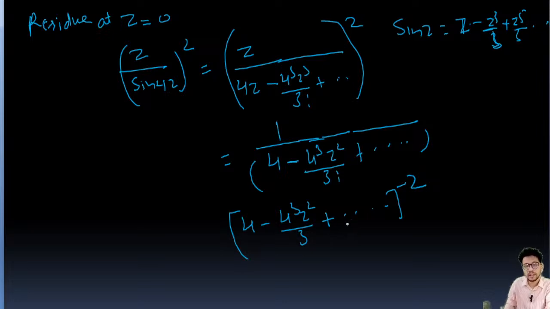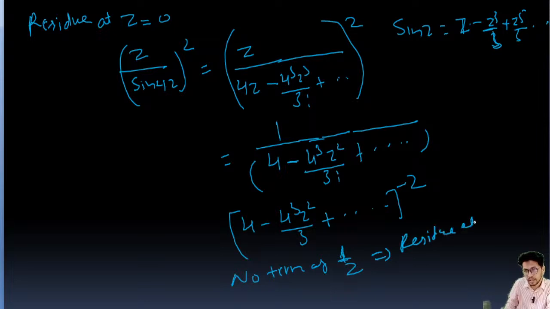So we can see here there is no term of 1 upon z, because residue is the coefficient of 1 upon z, but there is no term of 1 upon z. So that implies residue at z equal to 0 is 0.